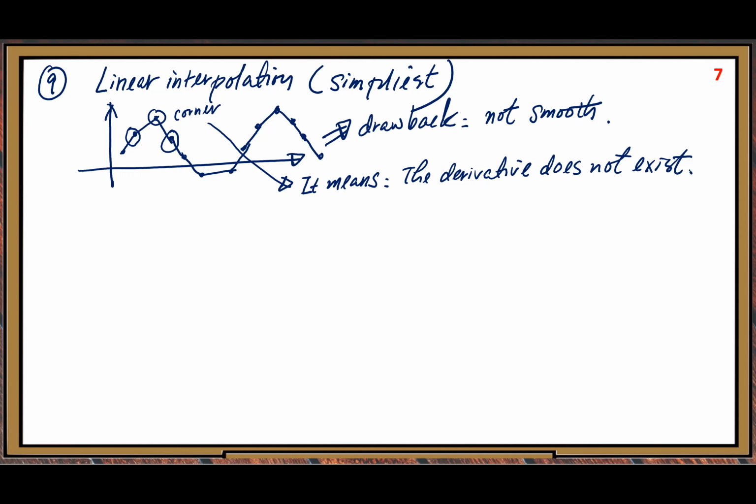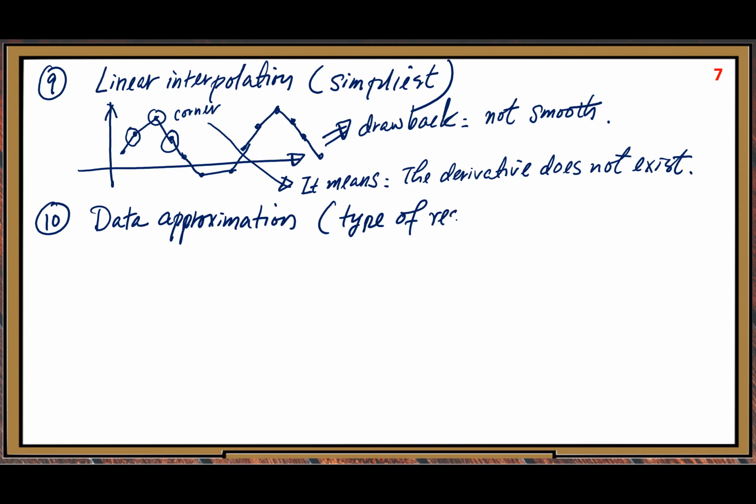Next, let me give you another type of data representation, different than the one we were talking about. Number 10, we call it data approximation type representation.